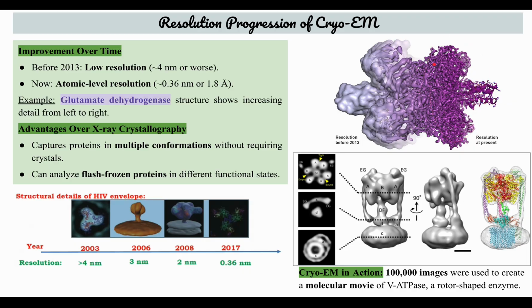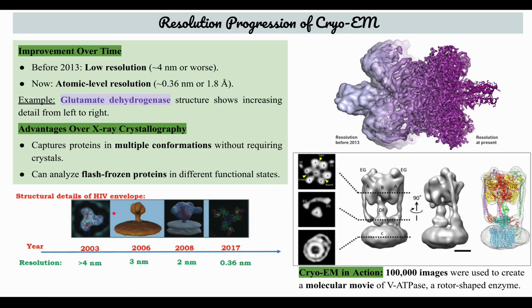This shows that there has been tremendous advancement in the cryo-EM technique, and it has shown advantages over X-ray crystallography, because it captures the protein in multiple orientations or conformations without requiring crystallization. It can also analyze flash frozen proteins in different functional states.